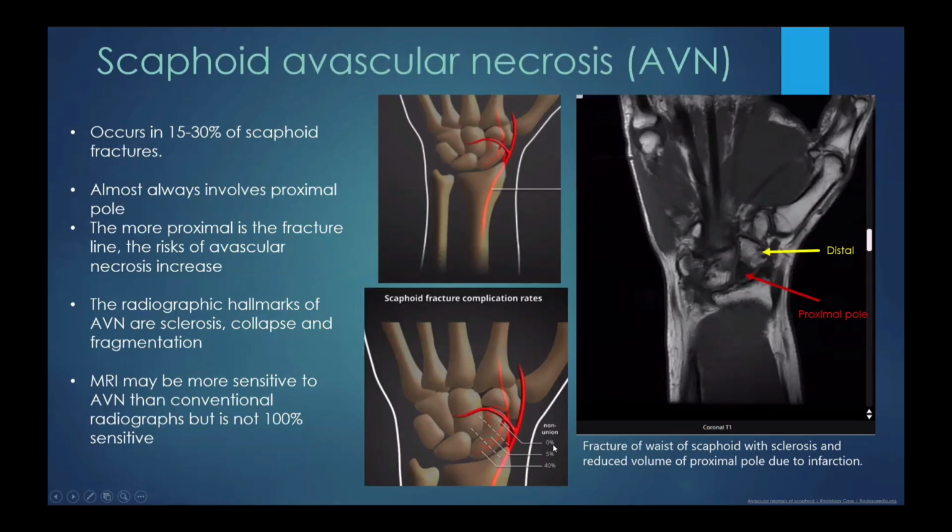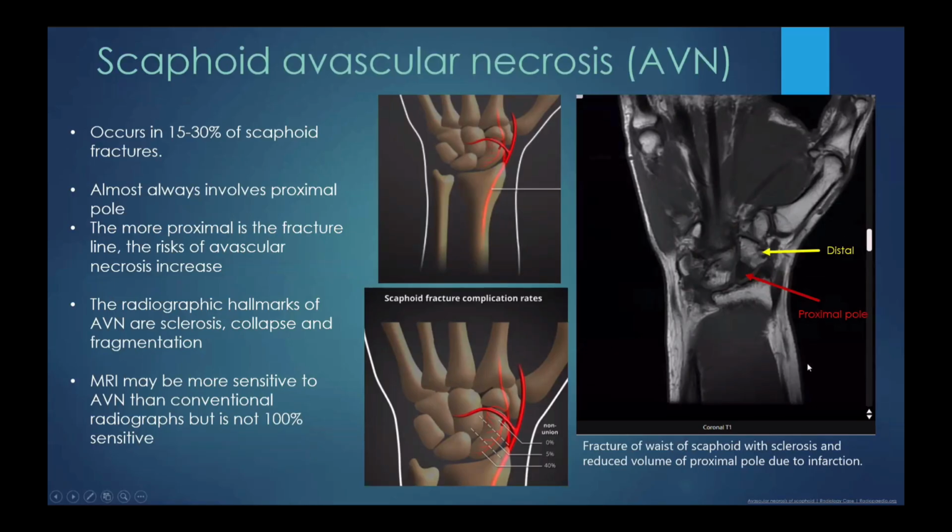The radiographic hallmarks of avascular necrosis are sclerosis, collapse, and fragmentation. MRI may be more sensitive to avascular necrosis than conventional radiograph, but it is not 100% sensitive.